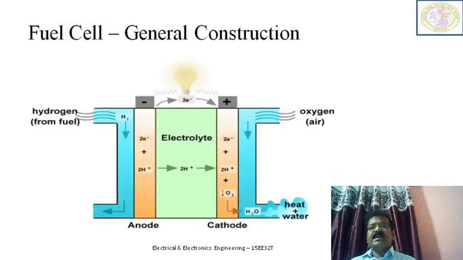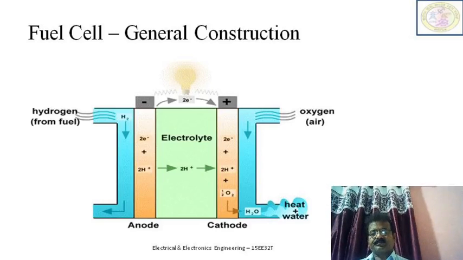This is the general construction of fuel cell. The fuel cell is similar to a storage battery. It has an anode, a fuel electrode, and a cathode, the oxygen electrode.